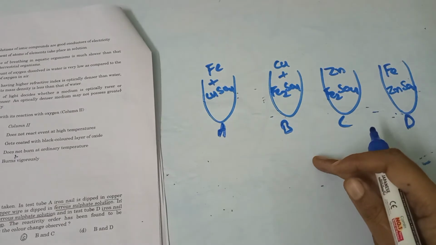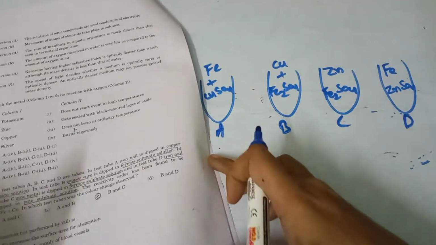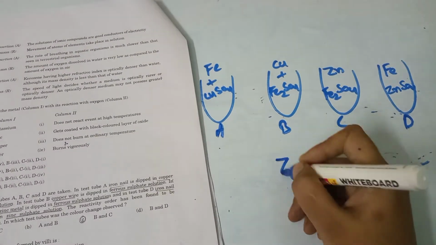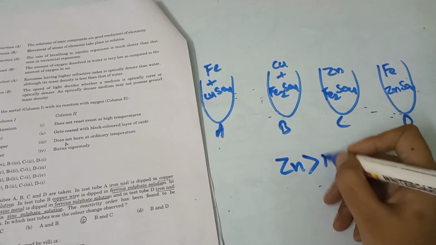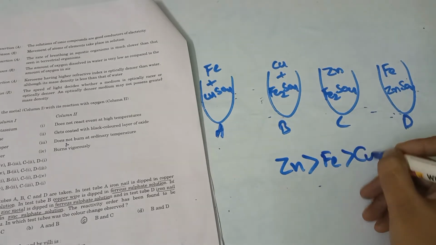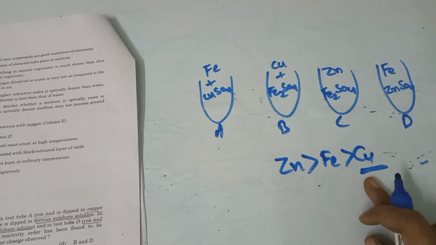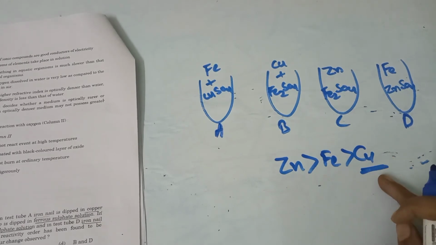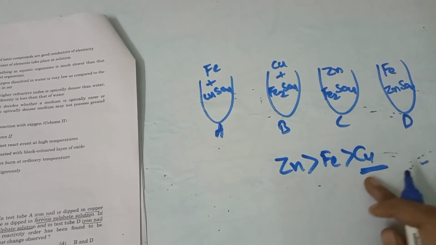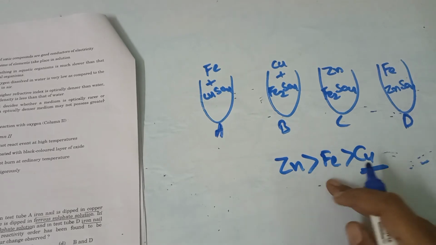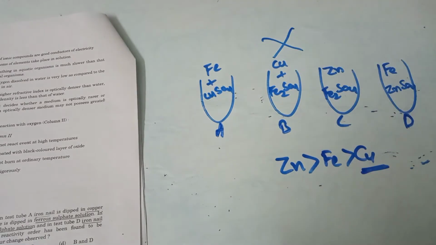And the reactivity order, as mentioned in the question, is zinc more reactive than iron, more reactive than copper. So copper is the least reactive and can't displace either of these two metals, so this reaction doesn't happen.